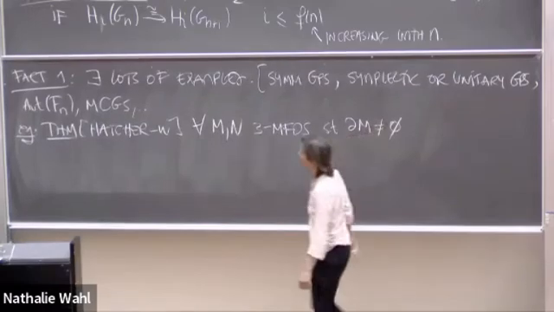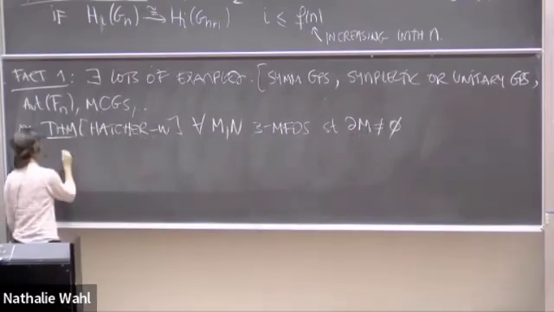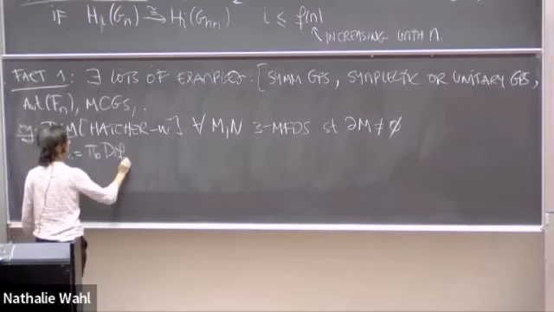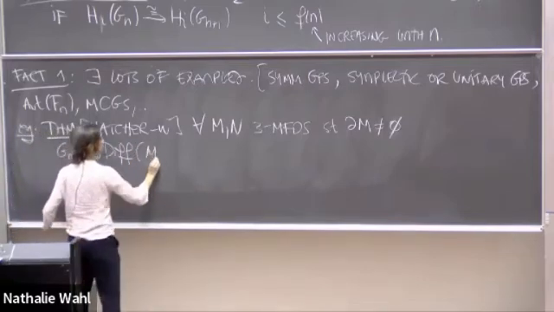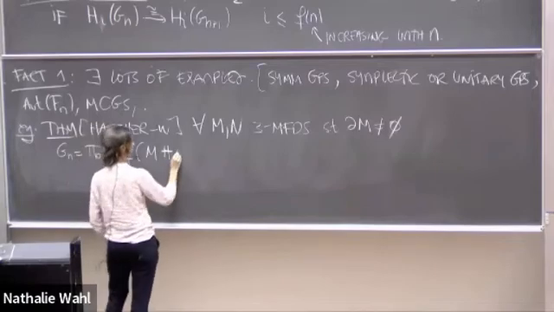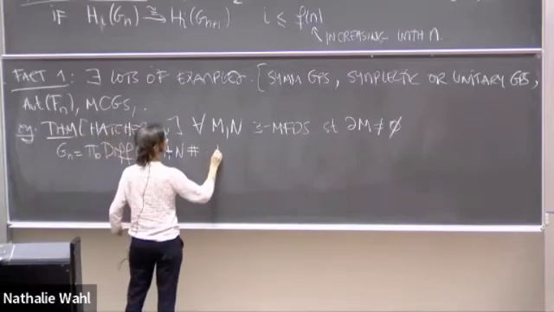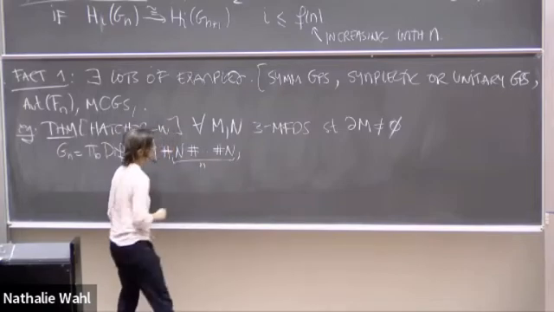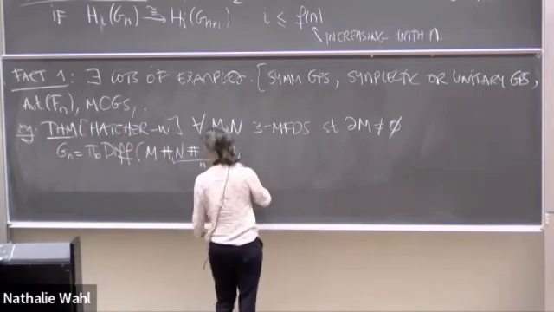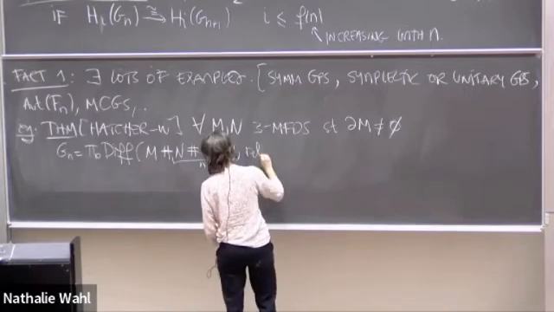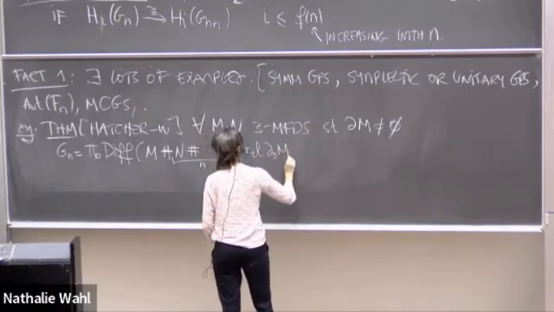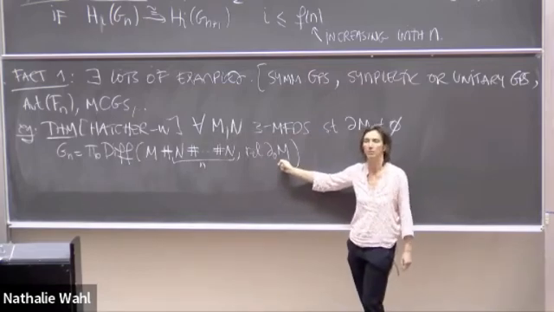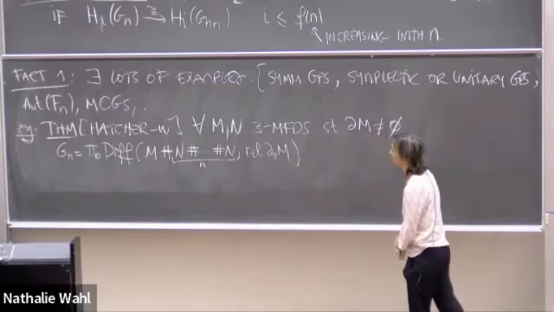Then I can consider the group Gn, which is a mapping class group, so pi naught Diff of the manifold obtained by taking M connected sum with N a bunch of times, n times the manifold N, and I'm going to take diffeomorphisms relative to at least some part of the boundary of M, maybe the whole thing, but something lying in M.